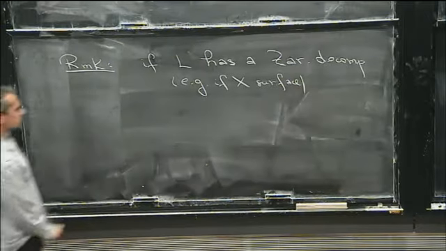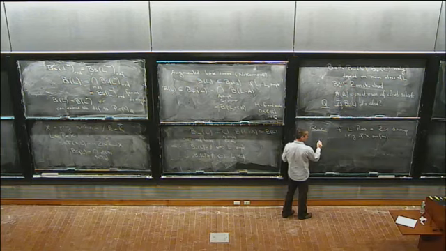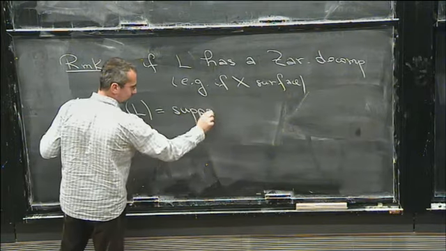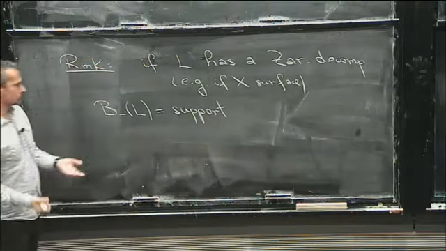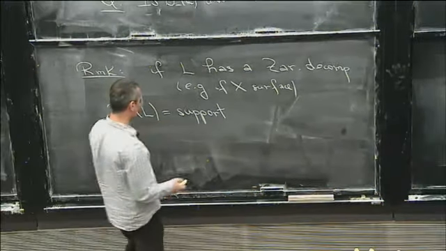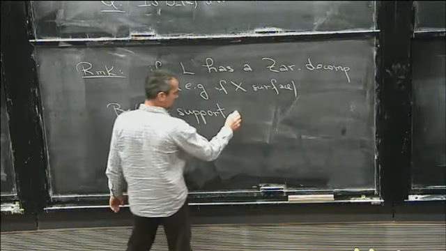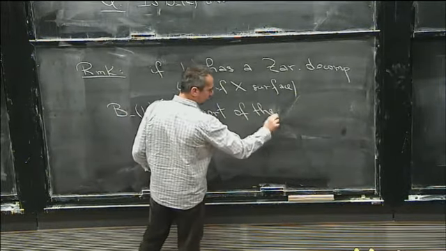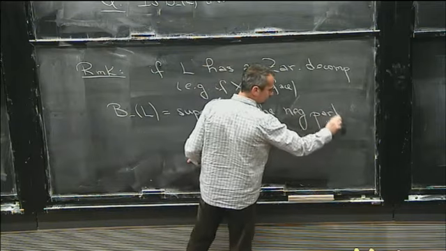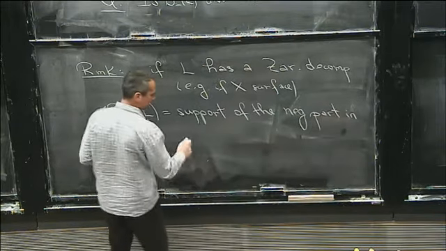In this case, B minus, the non-nef locus of L, is the support of the negative part in the Zariski decomposition. Sometimes you do this Zariski decomposition on some model upstairs, and then it's the image.